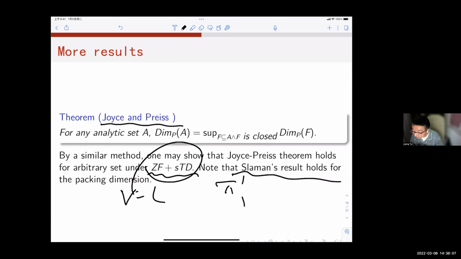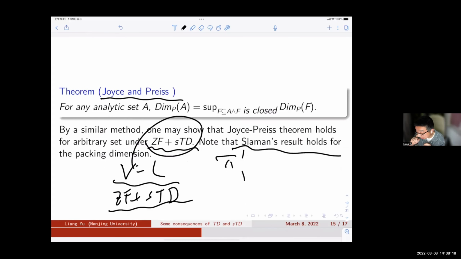Now the problem is there's a huge gap between V equals L and CF plus sTD. This is a very strong assumption. The consistency strength of CF plus TC is equivalent to there being infinitely many Woodin cardinals.